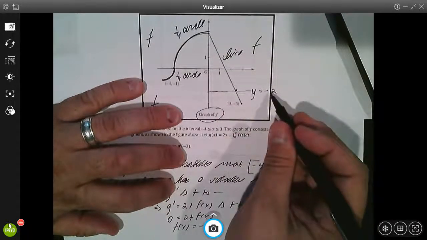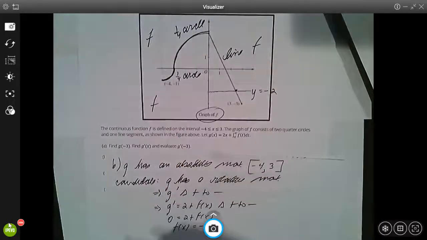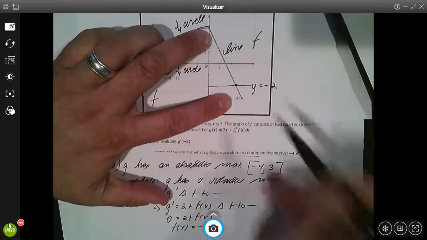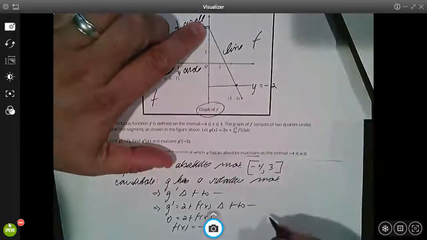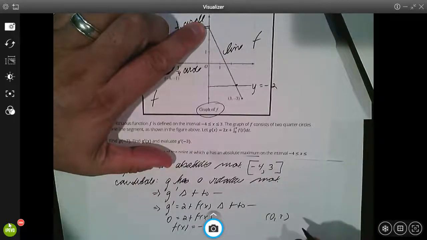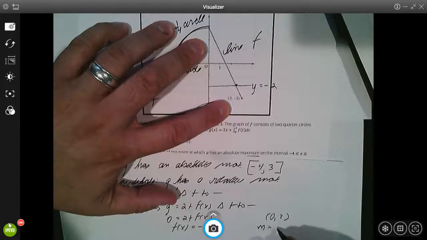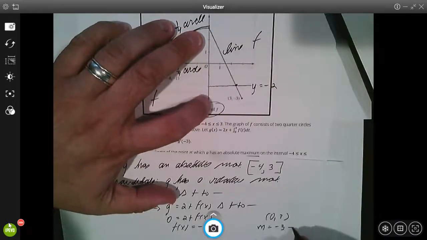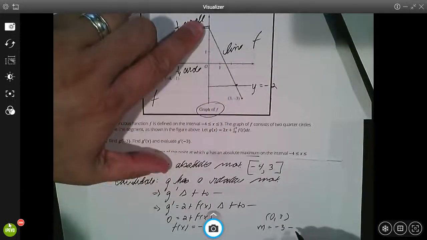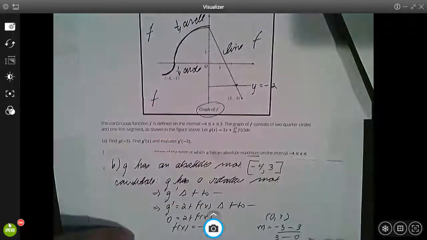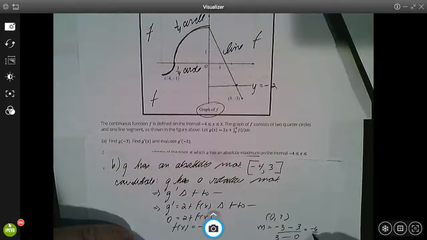I need to know where the y value is equal to -2. A couple of thoughts. You could say, well, can I find the equation of that line? It's a line. I know it passes through the point 0, 3. The slope of this line can be found by doing change in y, -3 minus 3, over the change in x, 3 minus 0, which gets me -6 over 3, or -2.